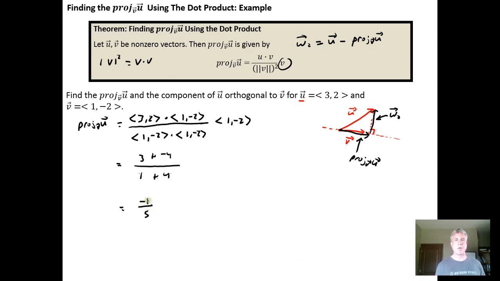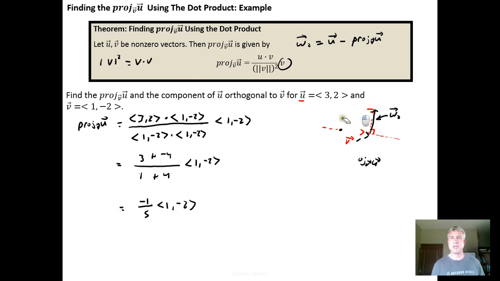So we get negative 1/5 times, and then we should be pulling our vector down in each step, the vector 1, negative 2. So this is the vector component that is parallel to v, the component of u parallel to v, or the projection of u onto v.